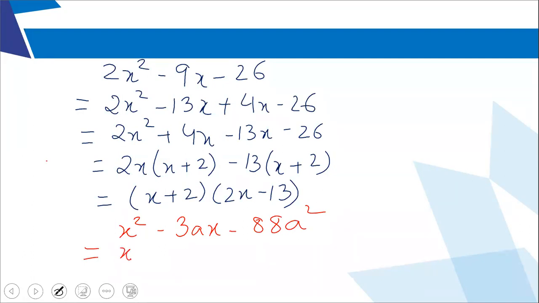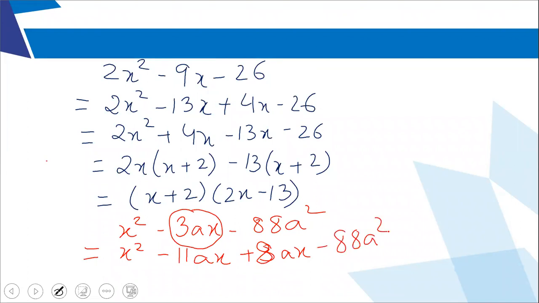We will split it like this: x square minus 11ax plus 8ax minus 88a square. Is it right? Yes, ma'am.